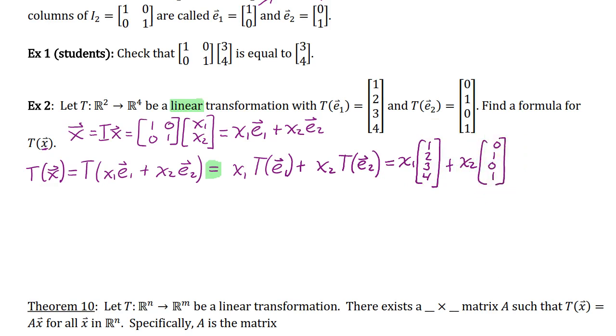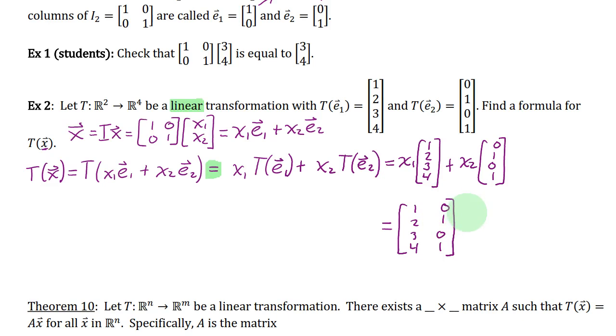You notice, hey, this is a linear combination of these two vectors using x1 and x2 as weights. You could just write that as a matrix times a vector, where we take that column, 1, 2, 3, 4, and make that the first column, and make the other column be 0, 1, 0, 1.